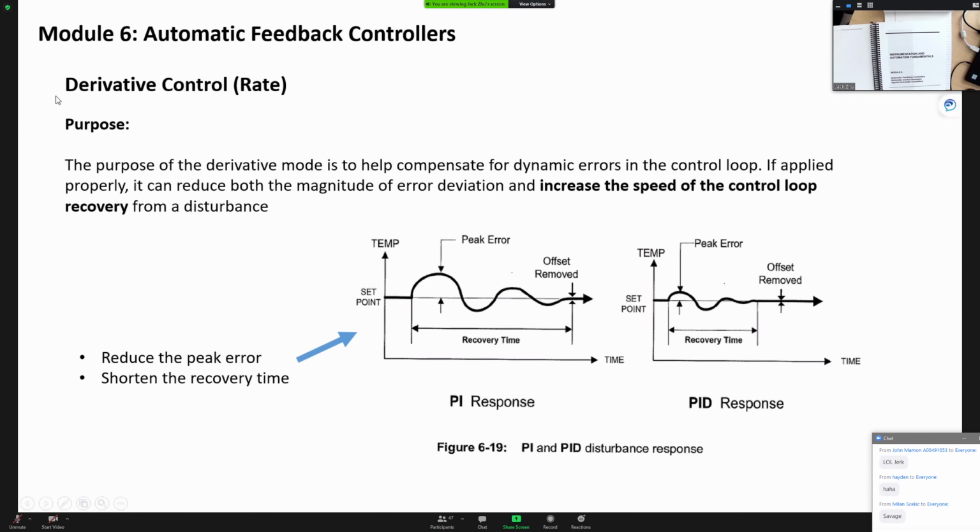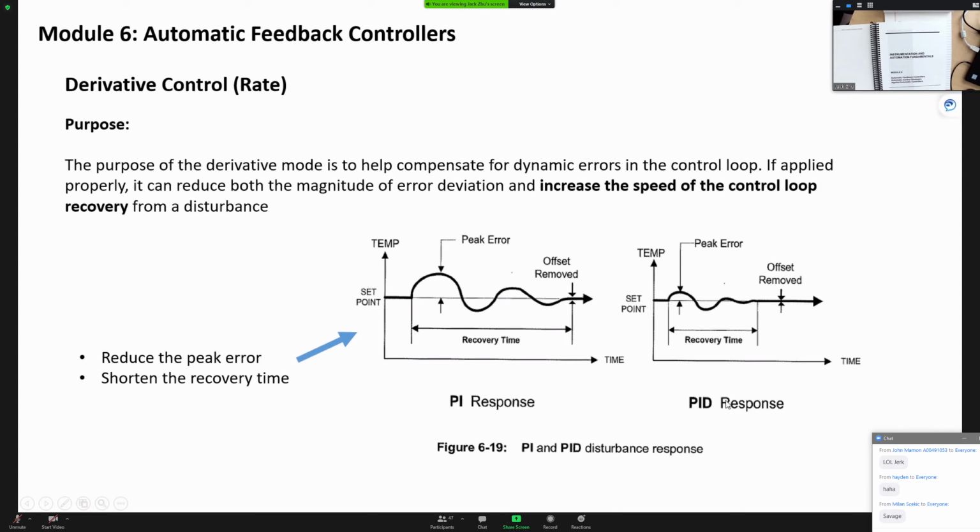That's where they add this one called the derivative control. The derivative control can increase the speed of the control loop recovery. It's also another mathematical function. It will monitor these changes more frequently and make adjustments to shorten the response time. So if this is the proportional and integral control together, the recovery time is gonna be this long.